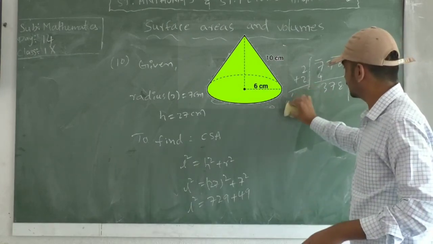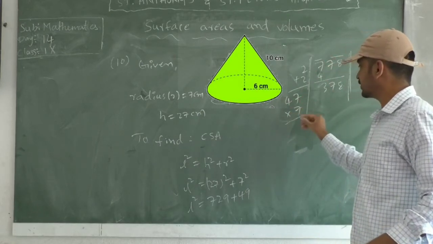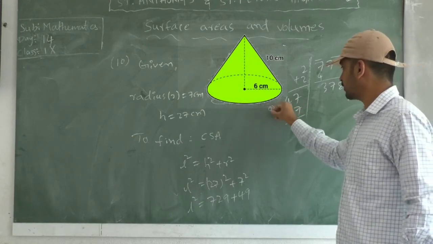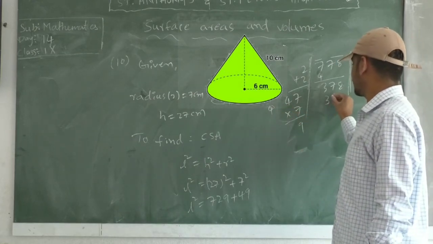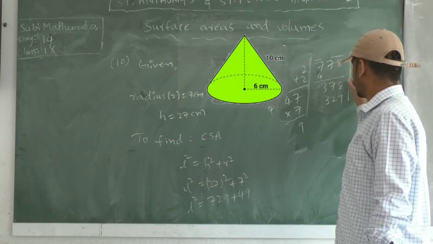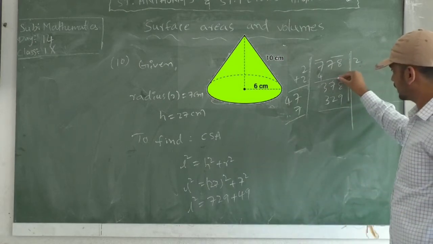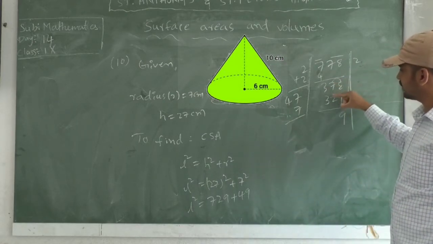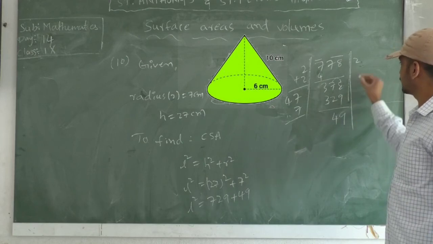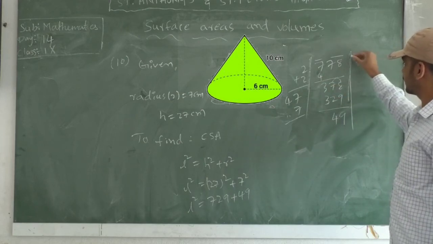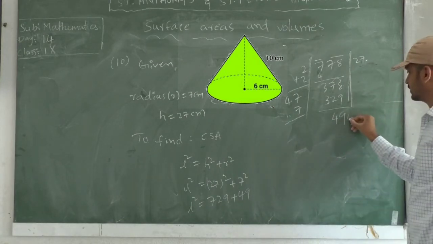We can go for 7. So 47 into 7 is 329. Subtracting, we get 0 and the quotient is 27 point. After the point we will get 2 decimals.